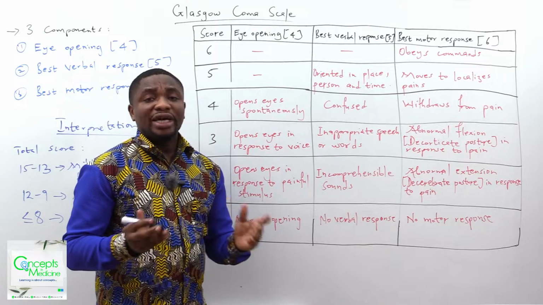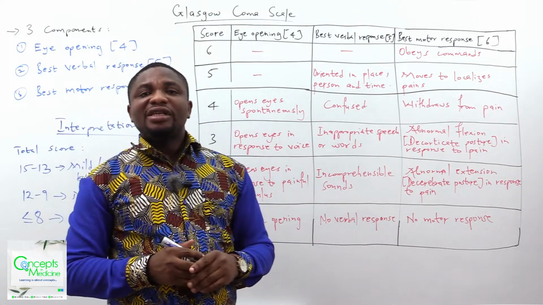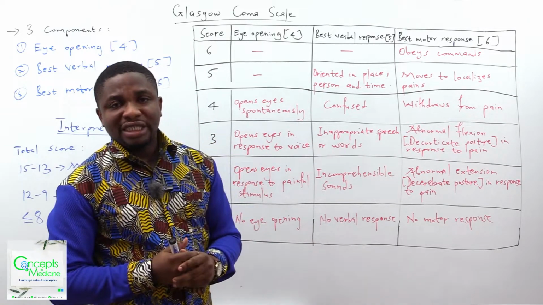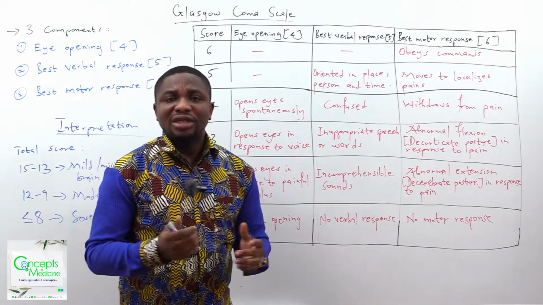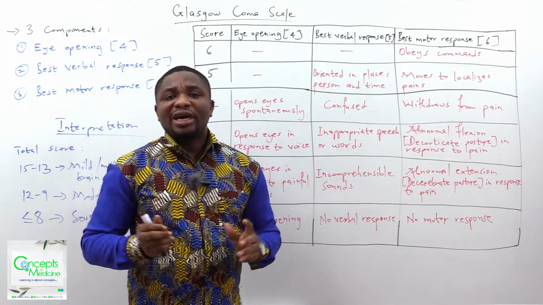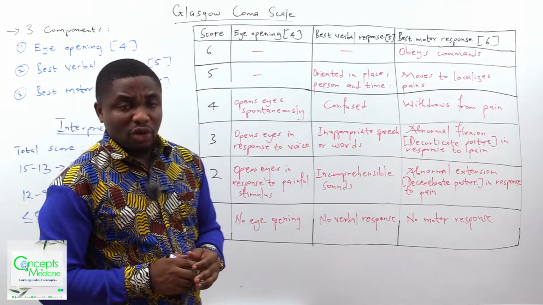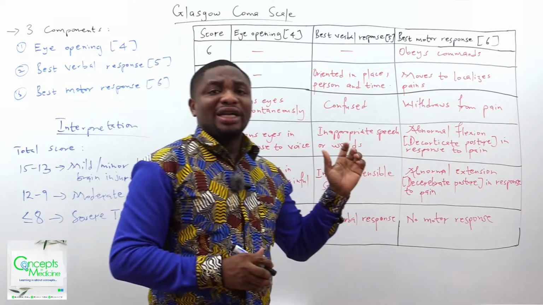A score of 2 is given if the sounds that the patient makes are incomprehensible. The patient makes a sound that you cannot comprehend, you cannot understand. Then finally, if the patient does not utter a word, that becomes no verbal response. You give a score of 1, and that's the least that you can give. And let's look at the last component.